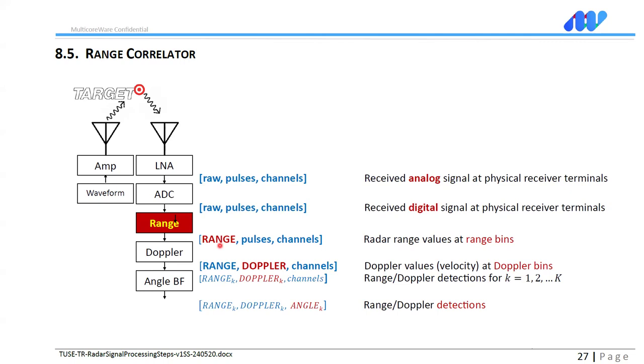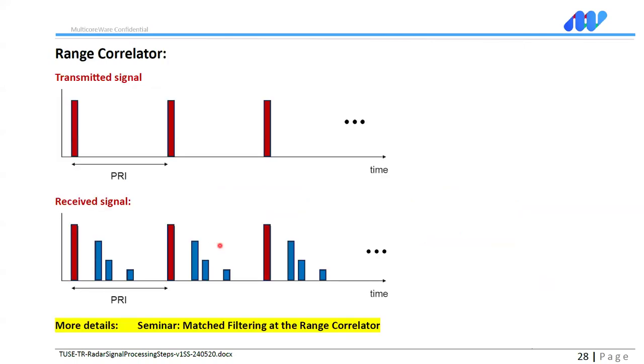Anyway, the main purpose is the range correlator finds the time locations of the delayed versions of the original TX signal. So if you have 3 targets, you see 3 peaks at different time instances. That's the purpose. Let's see with figures. Assume again, we have a pulse and we receive it, another pulse, we receive it.